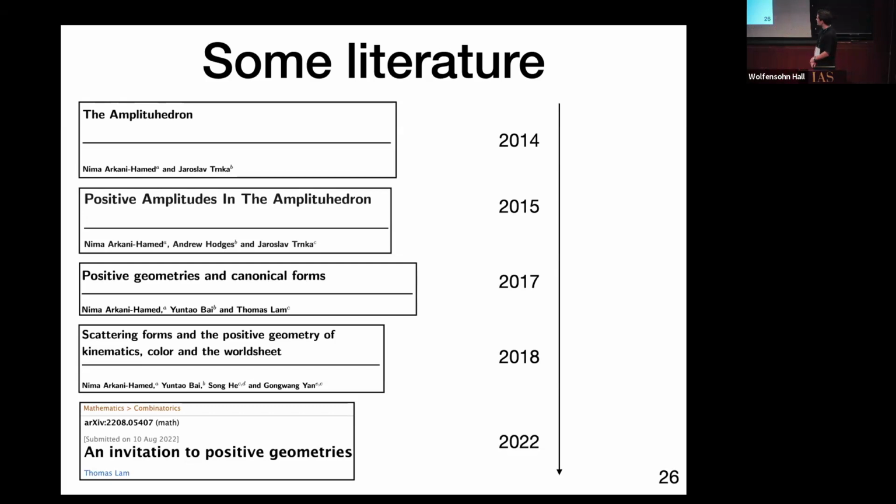This is the positive geometries paper. In this one right here, you can read about this embedded associahedron story and the biadjoint scalar phi cube theories. And if you like a short and nice introduction to positive geometries, I recommend this 2022 paper by Thomas Lam.